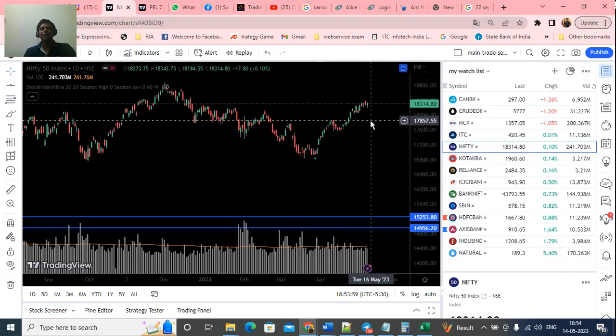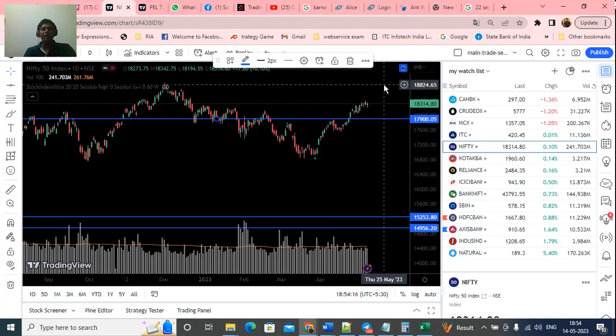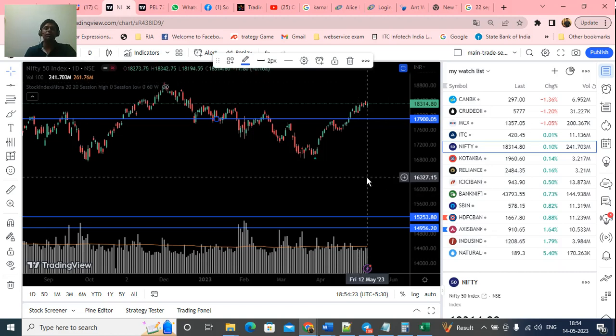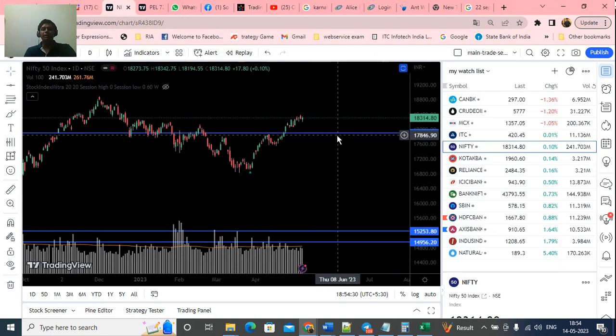I am expecting a contraction will happen, and this contraction will come to 17,910 approx, and then from this area it will again bounce, and maybe it will cross 18,900 as well. Okay, it will go above 19,000. So I have those kinds of calculations, but before that it has to take this line.